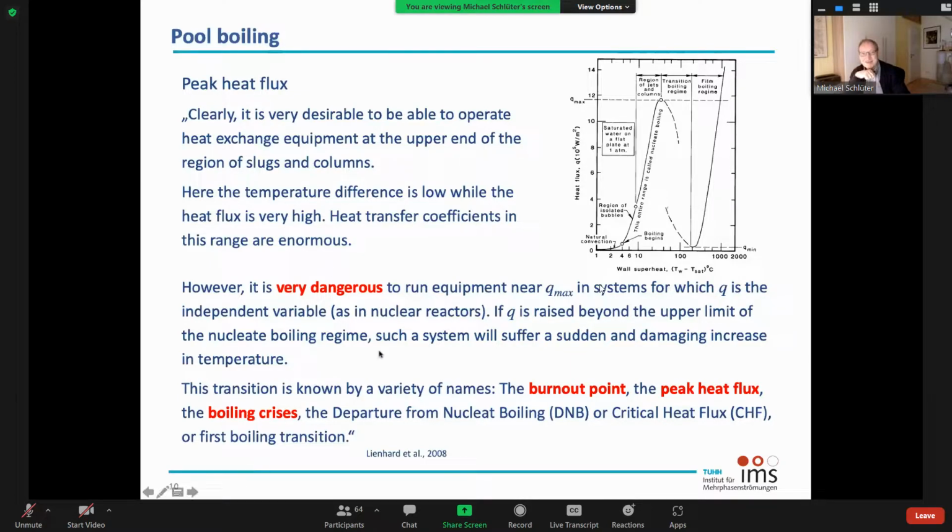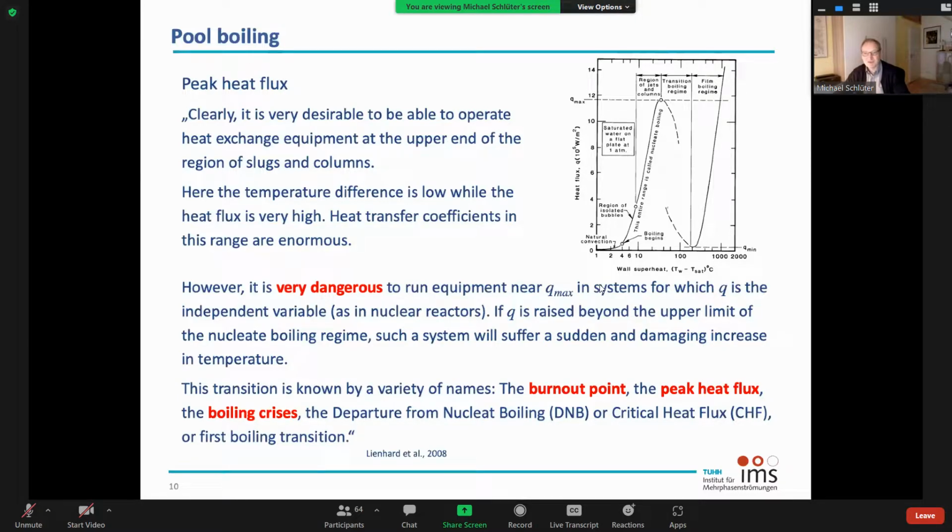And here I have written this down once again in my own words, and also in the words of Lienhard. And I really would like to motivate you to read this once again and to study this in much detail and to understand in detail what's going on here, because it's a very, very important situation, and every engineer, every process engineer at least, should know about the burnout point and these boiling crises.